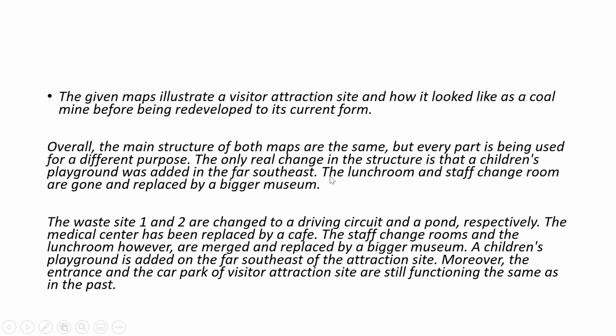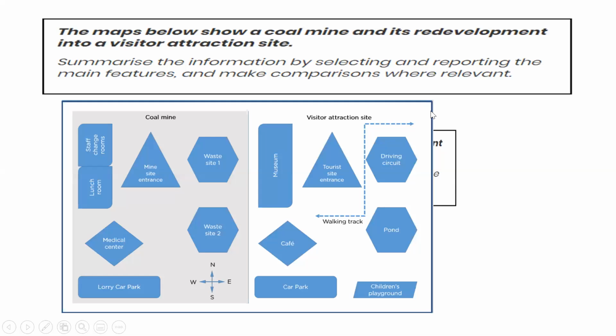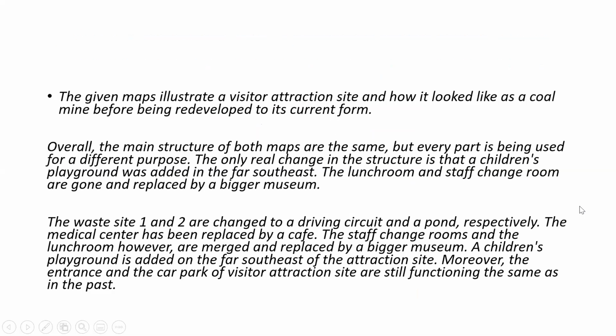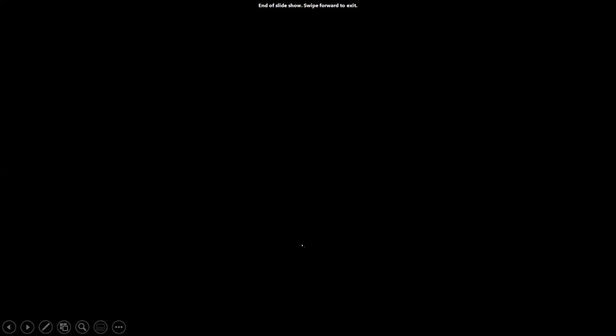So the main points are said in the overview part, and then the last part with more details is that the West Side 1 and 2 are changed to a driving circuit and a pond respectively. So as we see here, these two are changed to a driving circuit and pond. And then the medical center has been replaced by a cave.